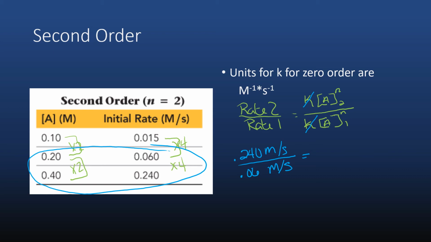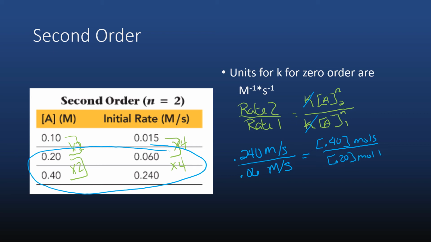Our k's canceled out. Our concentration for the second one was 0.40 moles, and for the first one, it was 0.2 moles.